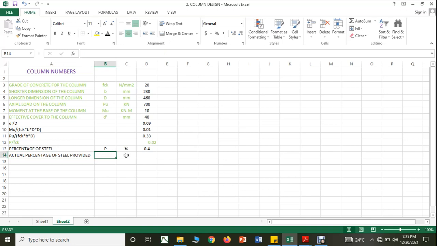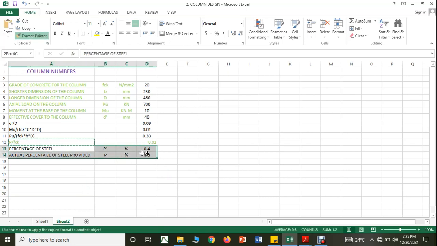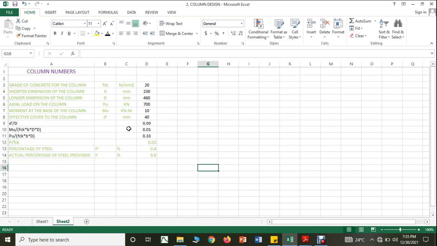Let me give it as P, and let us make it P dash. This is P and this will be a percentage. This is also an input value, so let us give this as 0.8. So these two are input values only.